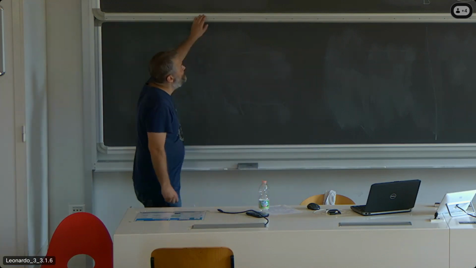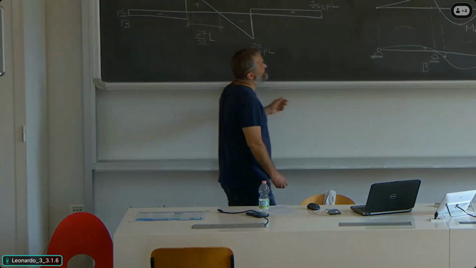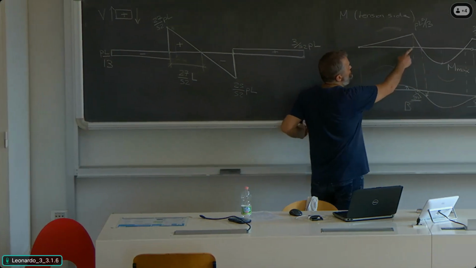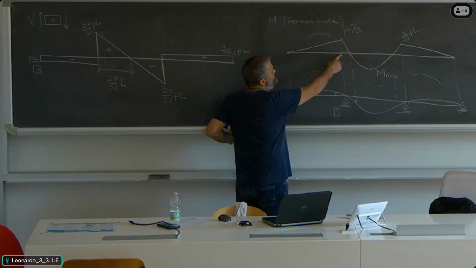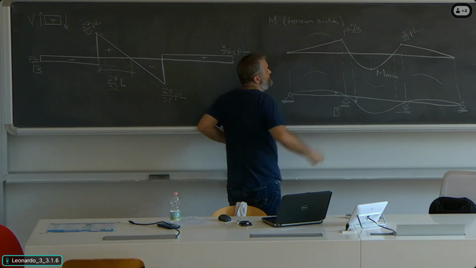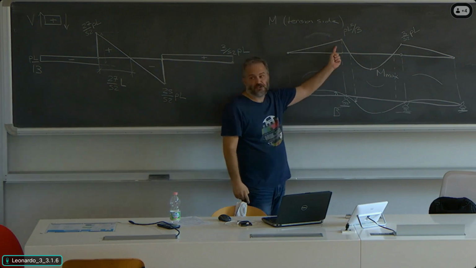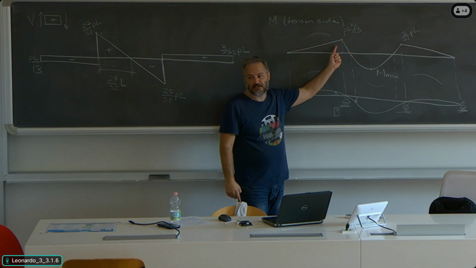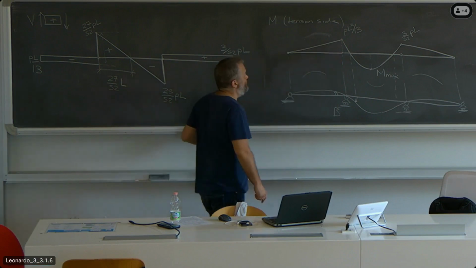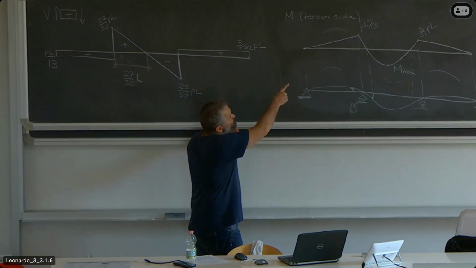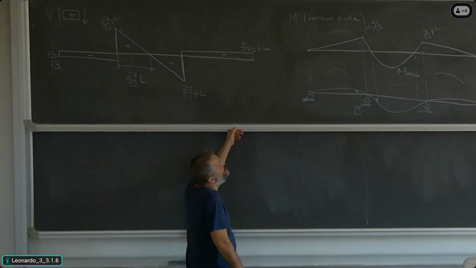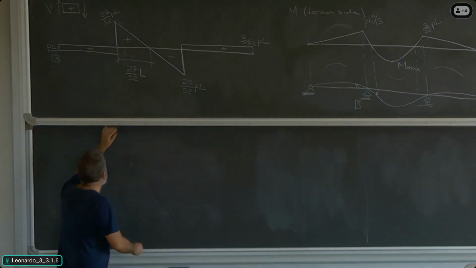Basically, we have to design the longitudinal reinforcement at the top of the section. Why at the top of the section? Because, as you see here, the bending moment is such that the tension is at the top of the section. So, the value of the bending moment is PL squared divided by 13.